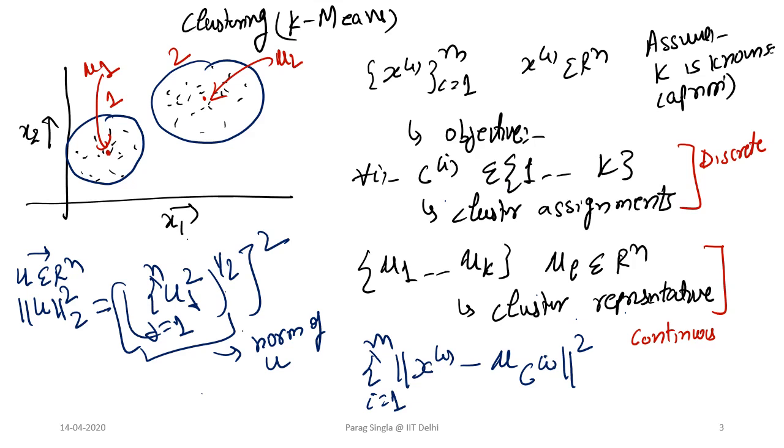Okay, so given this, what is our goal? Our goal is to optimize this objective, and let us try to understand the intuition, and maybe let me do that on the next slide. Let me draw that picture again. These were our points in the 2D space, and this was our function, xi minus mu ci squared, which was the 2 norm square, and the subscript 2 is often omitted.